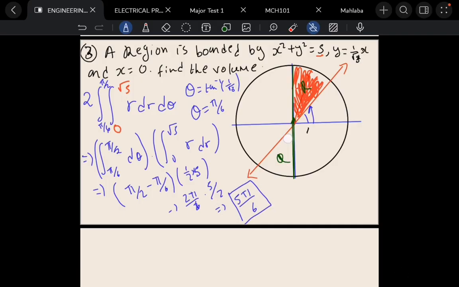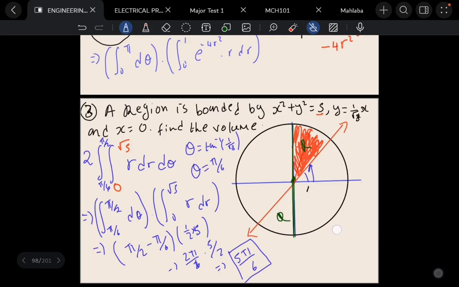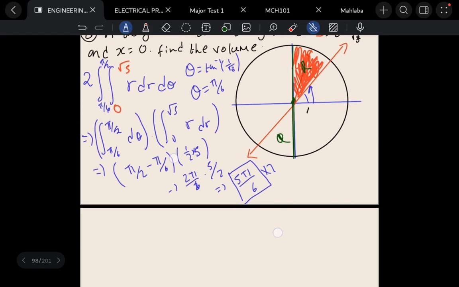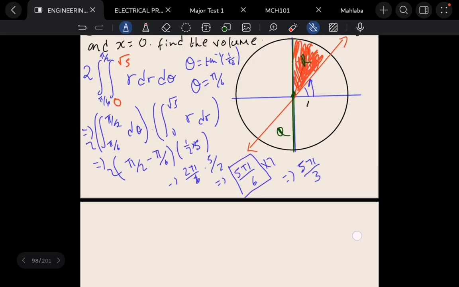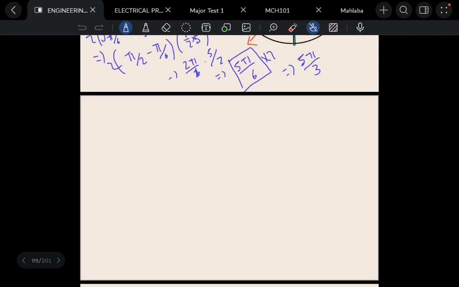So that is the volume times 2. I just forgot about the 2. Times 2, how many times does 2 go here? 3 times. So it's going to be 5 pi over 3. So that is going to be the volume, right?